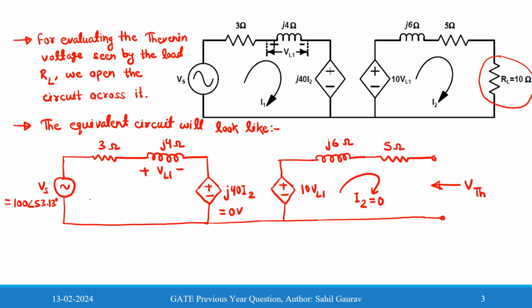Now we have to find the VL1. So what is the important point after opening the circuit across RL?